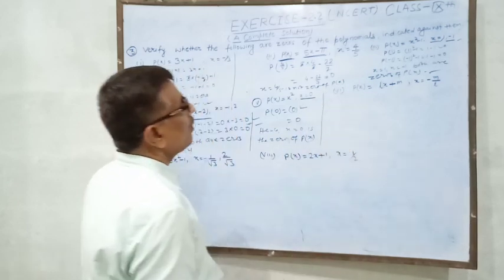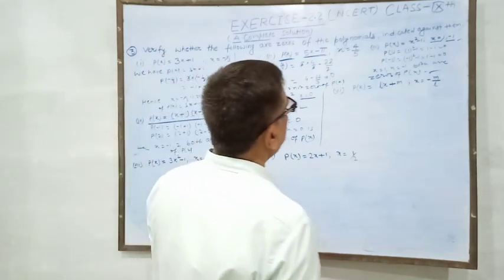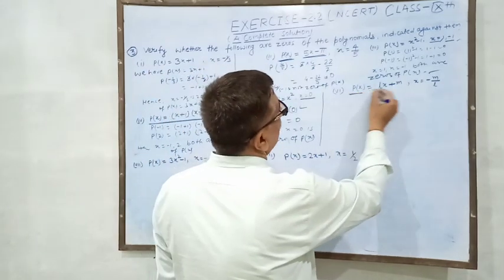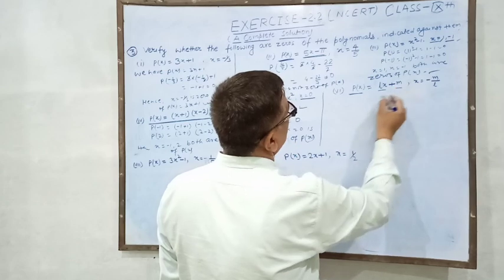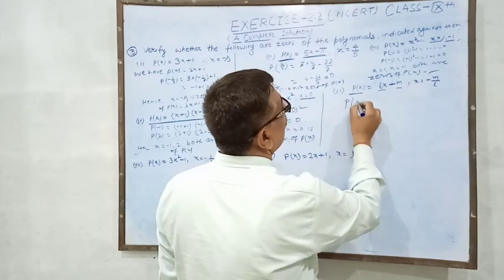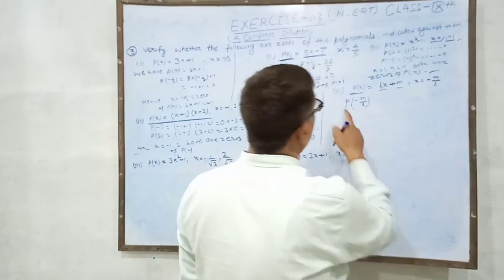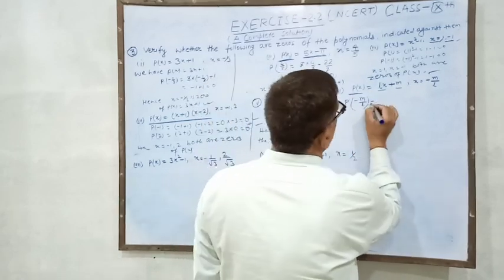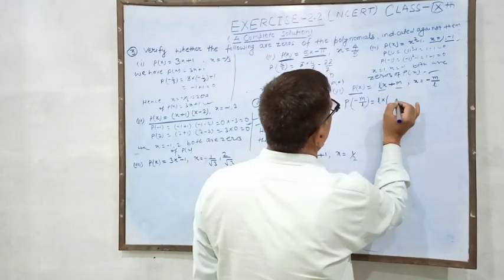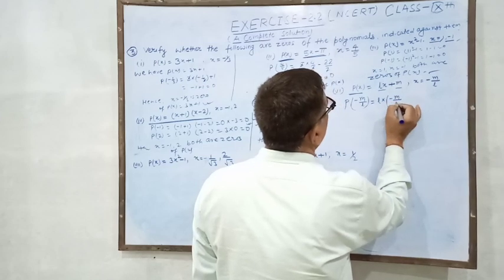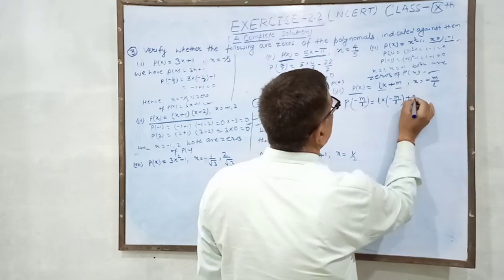Okay. Now the next question: p of x is defined as lx plus m. So p of minus m by l, putting in place of x, p of minus m by l is equal to l times minus m by l plus m.